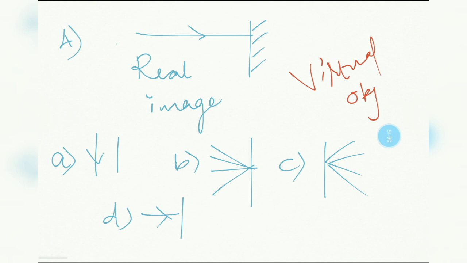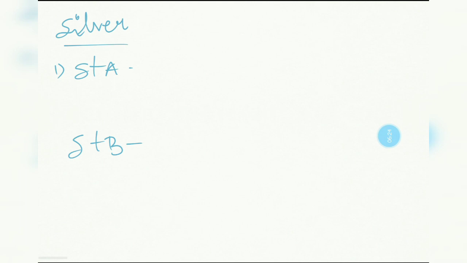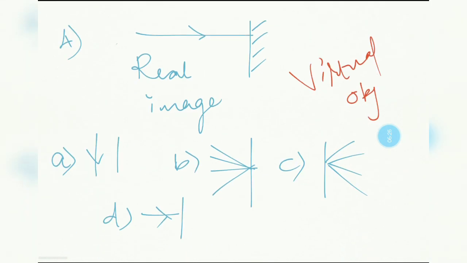Let's see. The incident beam, we have to tell what kind of beam it is. Whether it is parallel. You all know what parallel is, right? Parallel beams will be like this. Here I'll just change that and draw this. Parallel beams are something like this.